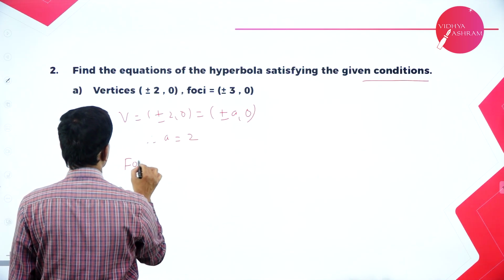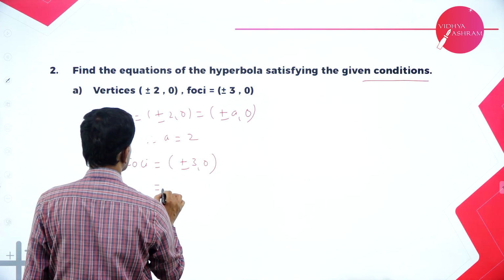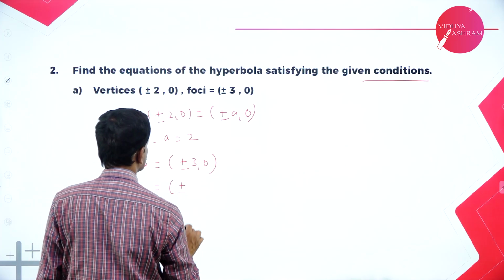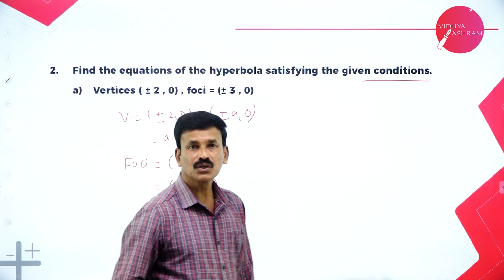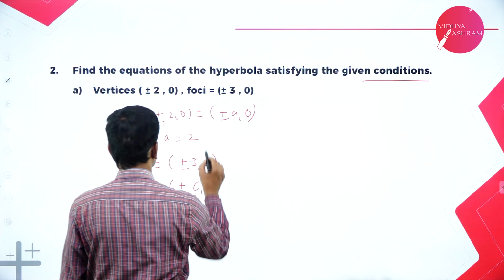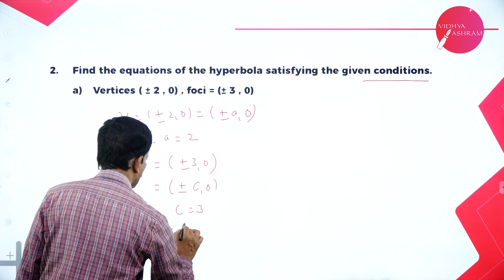The foci are plus or minus c comma 0, so c is equal to 3. Clearly the foci lie on the x-axis.